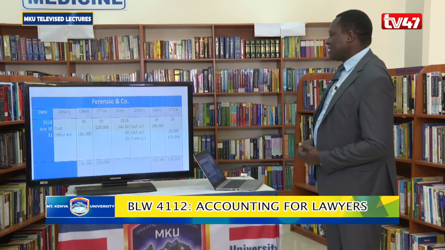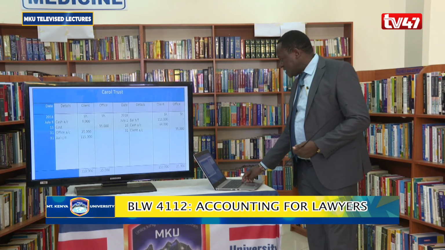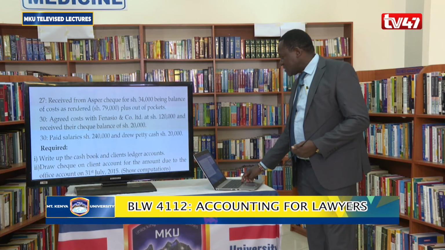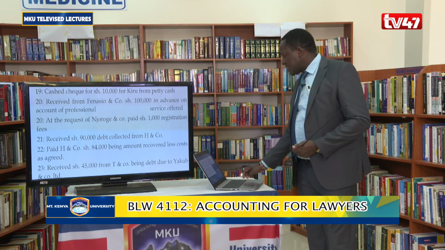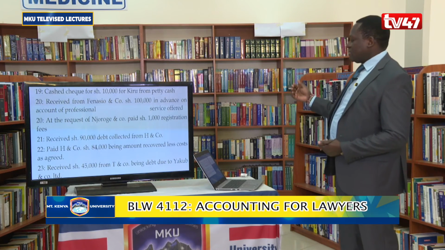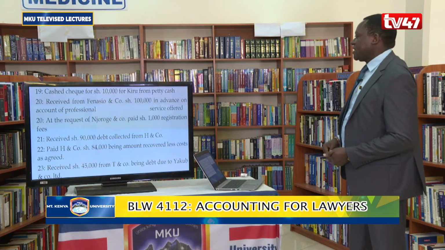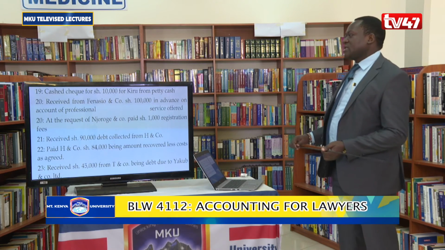But we are also saying, if you go back to the transaction on the 19th, we are also receiving some cash. Those are the services offered. I want to go to 20th, where we have a request. At the request of Joroge and Company, we are paying 1,000 registration fee.